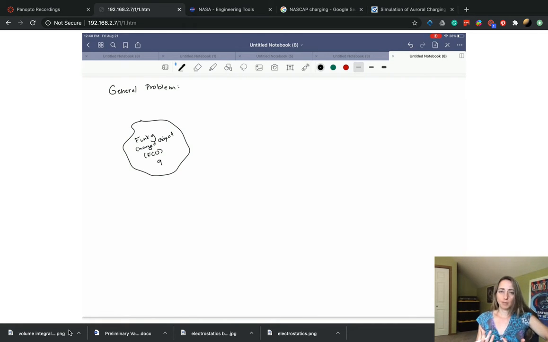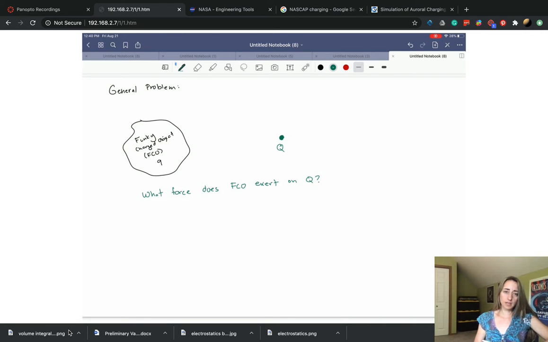Maybe it's a spacecraft, maybe it's a sock from the dryer, but it's some object that has acquired a charge. And practically speaking, this is what we want to understand: what is the force from that funky charge object on Q? What force does the FCO exert on our test charge Q? All right, that's our question.